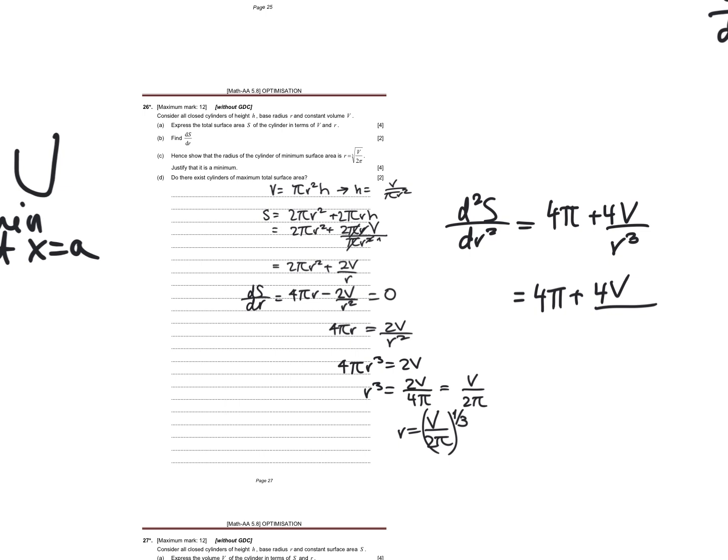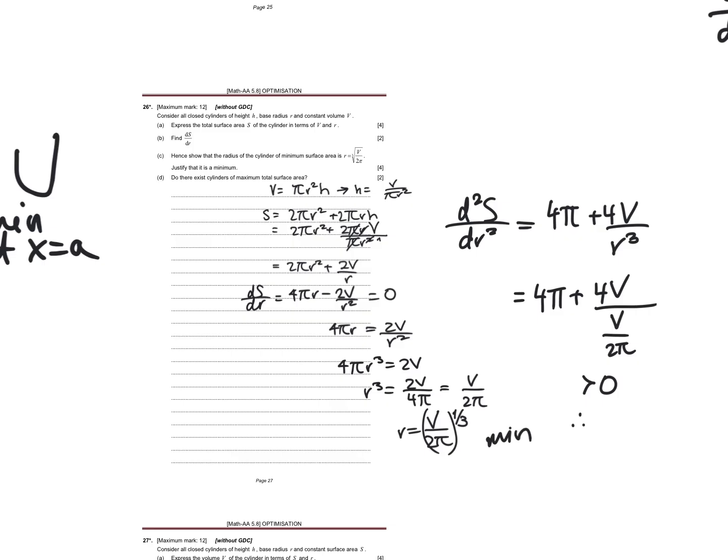V over 2 pi to the 1/3 cubed is, the cube goes away, so we're going to have V over 2 pi, so we flip. Well, it's greater than 0, isn't it? So greater than 0, so that means it's concave up, so minimum there, okay?